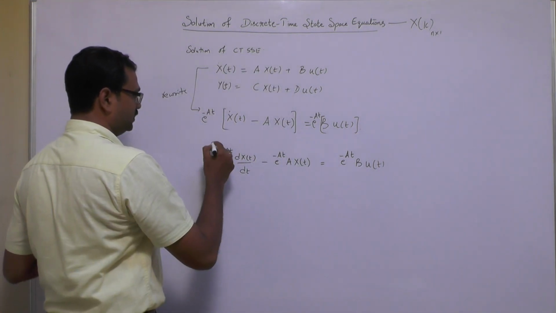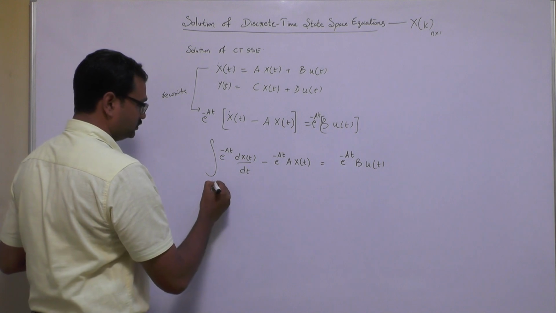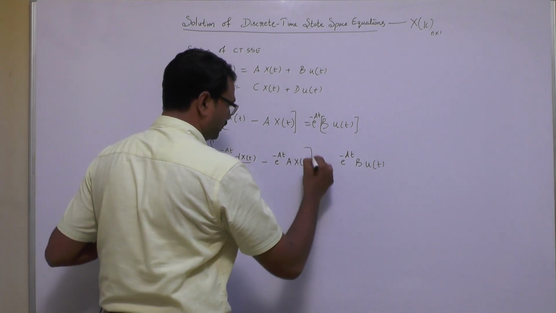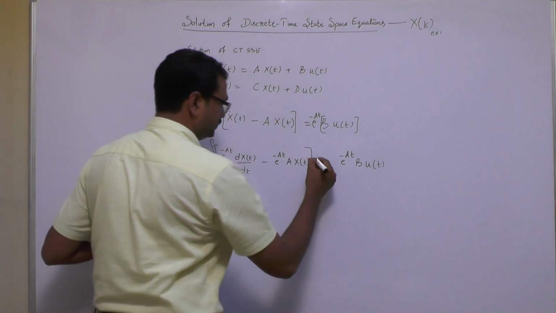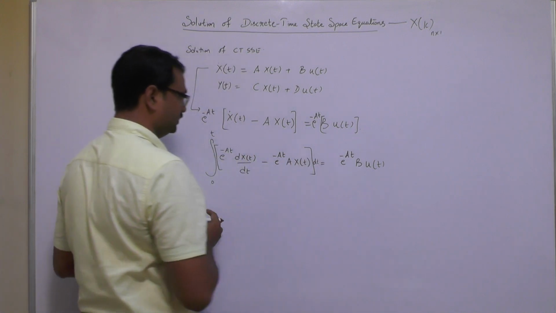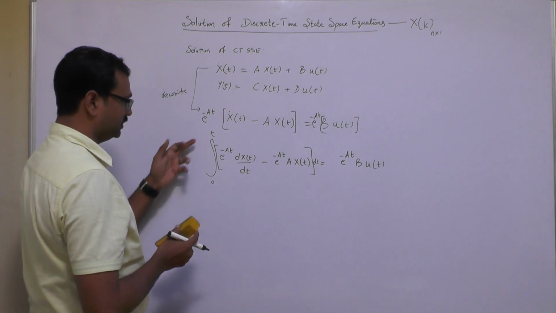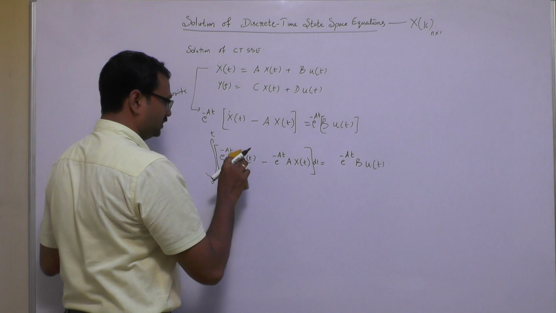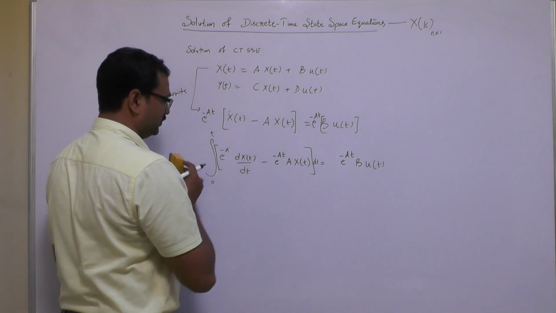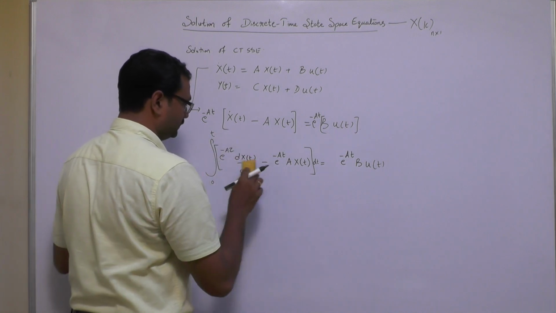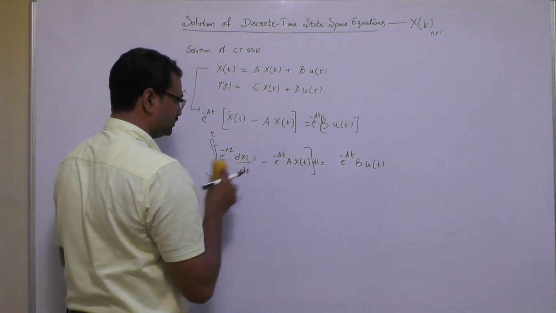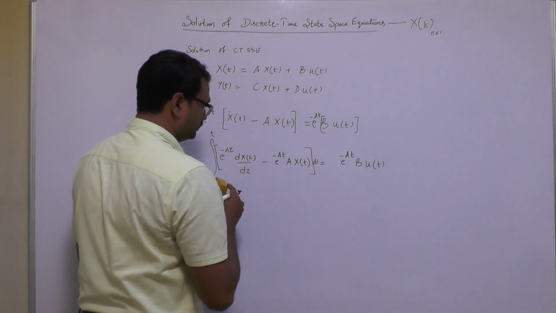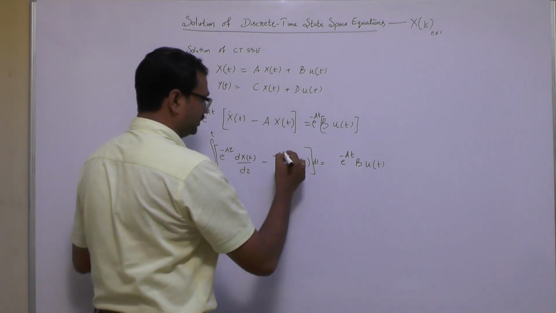Now I integrate the entire equation over 0 to t. Because I want to get the output in time t, I will represent the inner term with tau, replacing t with tau when we go for integration.